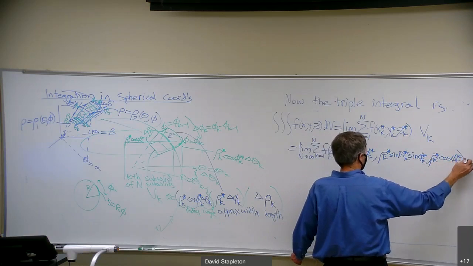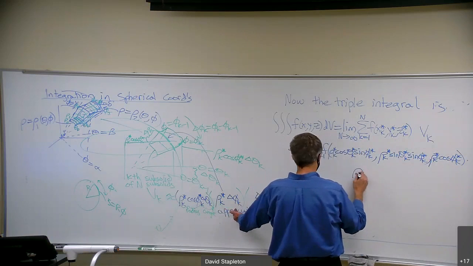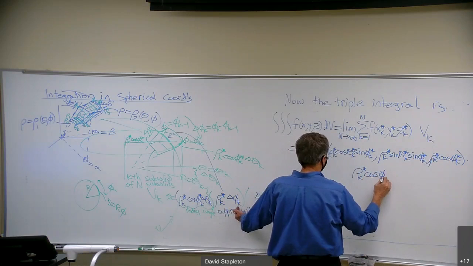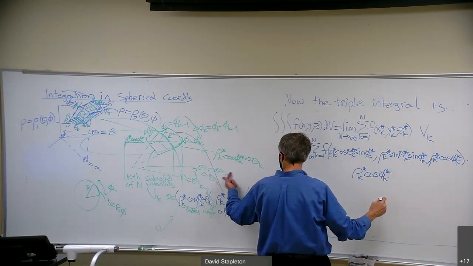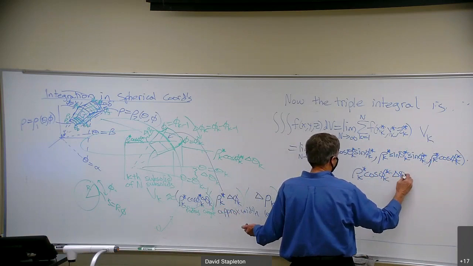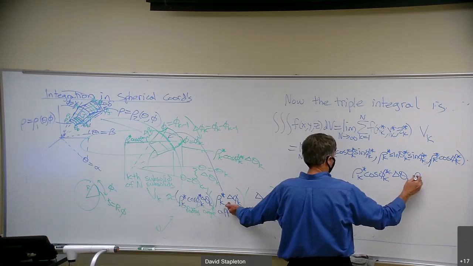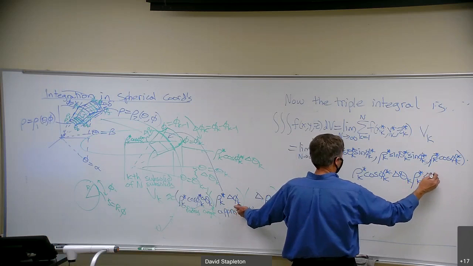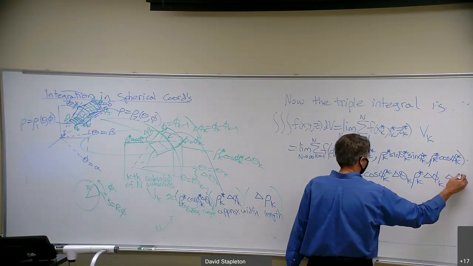And then I have to multiply it by Vk, which is this expression, times rho k star cosine phi k star delta theta k, I'll put it here, delta theta k, and then rho k star delta phi k delta rho k.